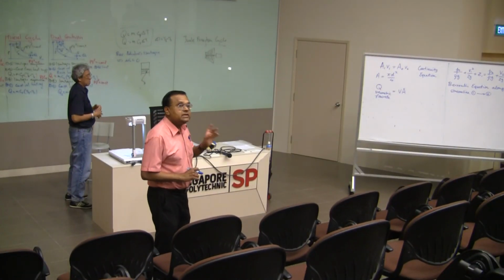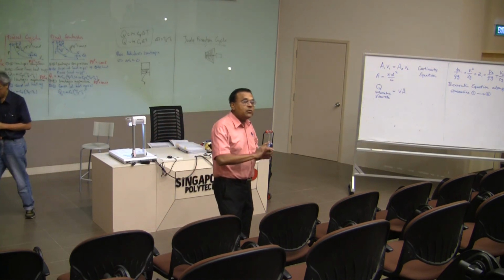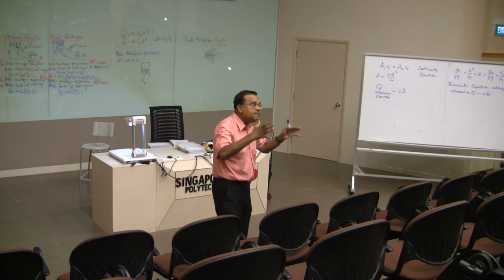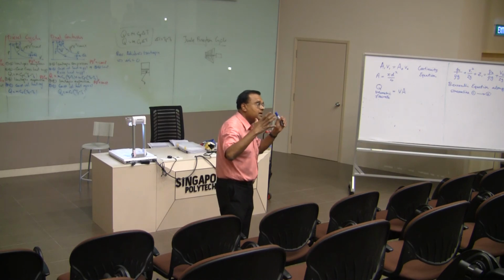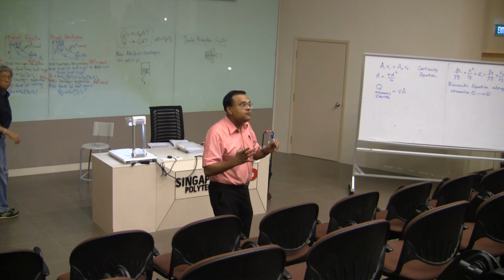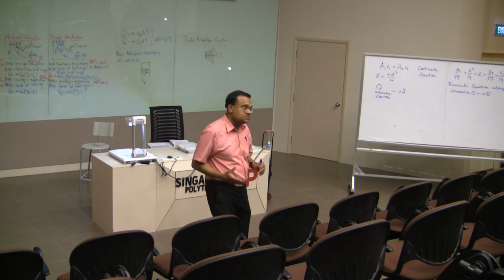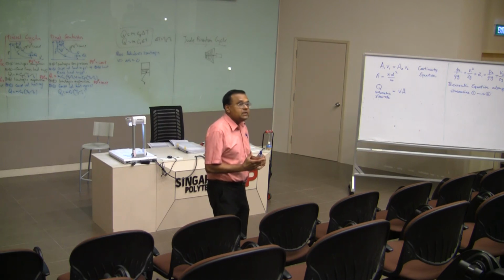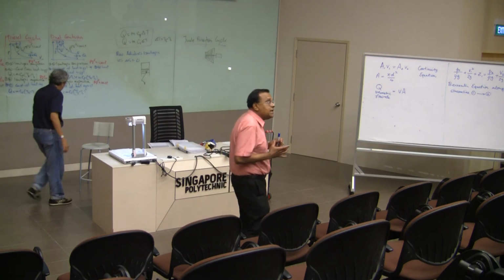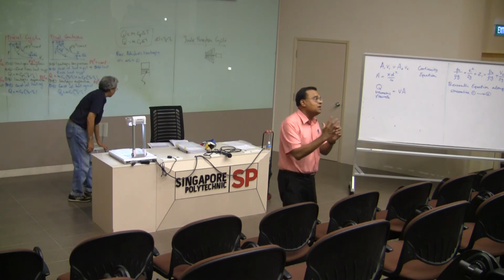Okay. Now, the other thing is, the day after your quiz, we will upload the lab manual. Now, the lab manual, unfortunately, is about 45 pages. Okay? So, what I have done is, at the end of the lab manual, is all the data collection.